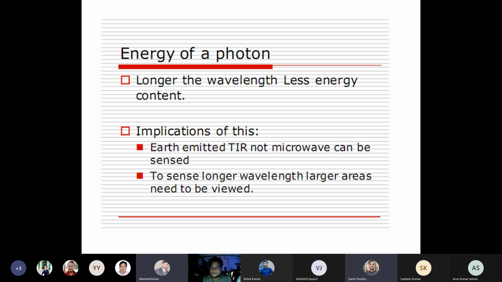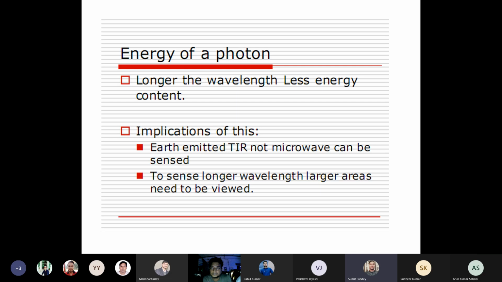Sir, for longer wavelength to be sensed, we actually need sensors which have large apertures. So to sense a longer wavelength, that is why we need larger areas. Because for shorter wavelength, suppose there is a geographical feature which emits shorter wavelength, it can be emitted from a small area only.